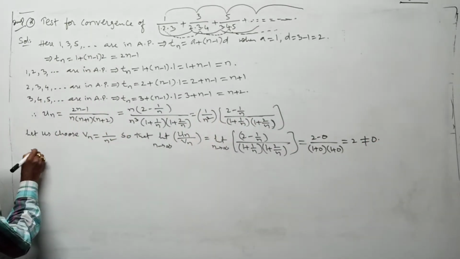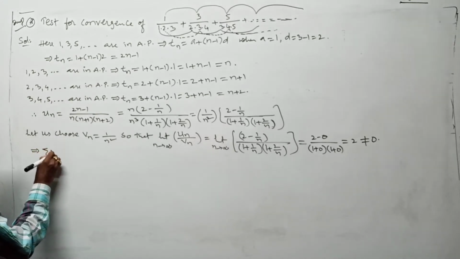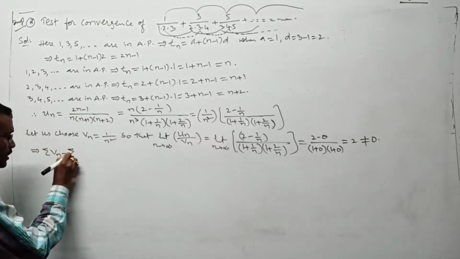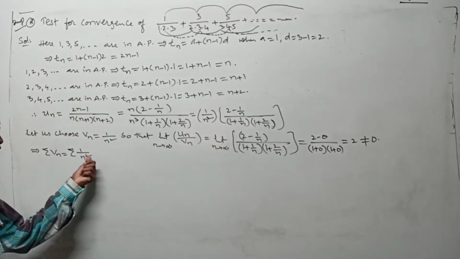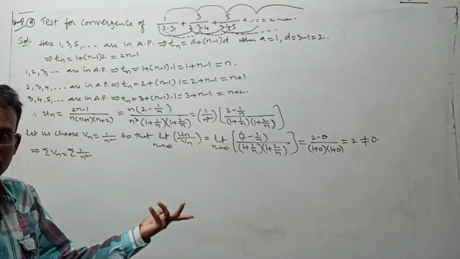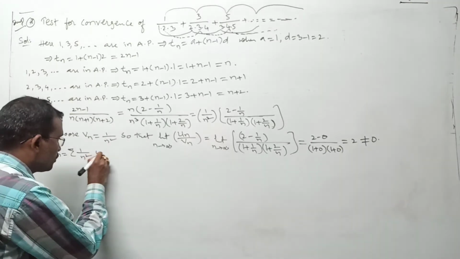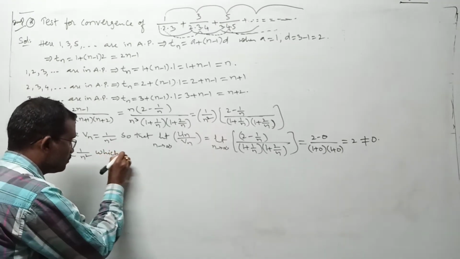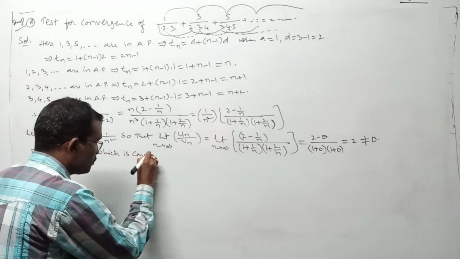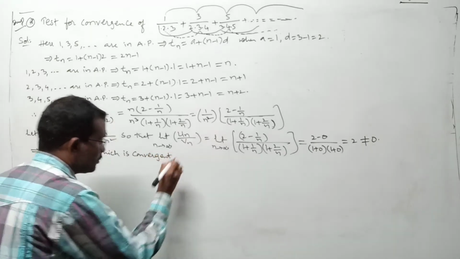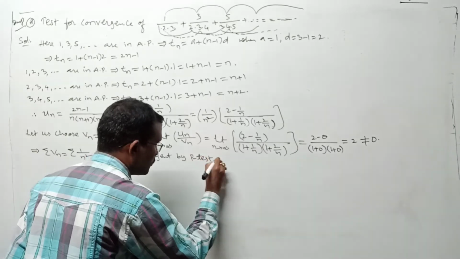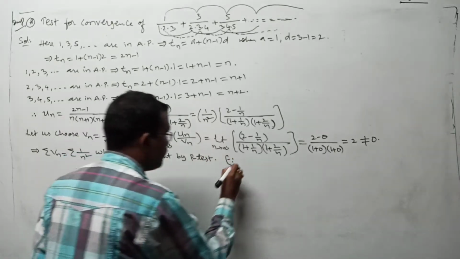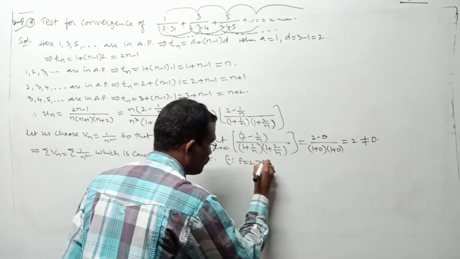Now let us go to the nature of sigma Vn according to previous tests. It is sigma 1 by n square. By p test, p equal to 2 is greater than 1. Is it convergent or not? It is convergent by p test, since p is equal to 2 greater than 1.